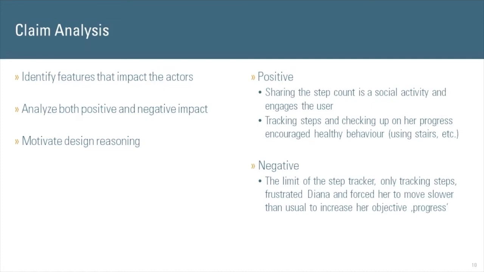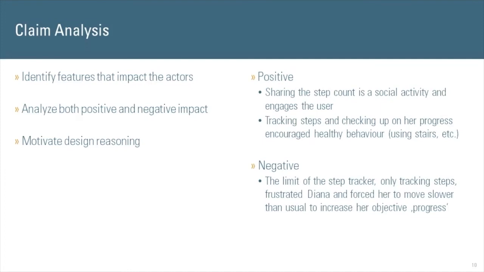Regarding our scenario that we talked about earlier, positive would be sharing her step count as a social activity. Diana shared a step count with her friends, and this engages her, the user. Also frustrated her in this instance. And tracking steps and checking up her progress encourages healthy behavior like using stairs.